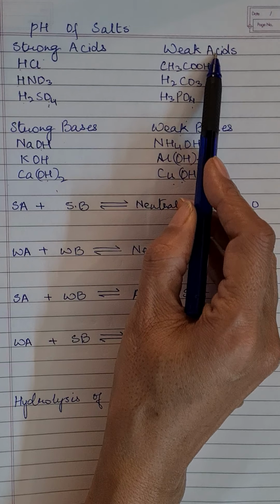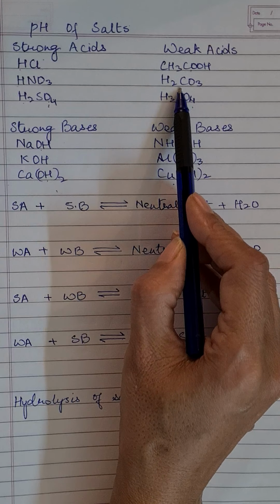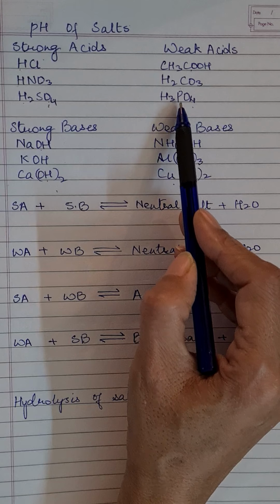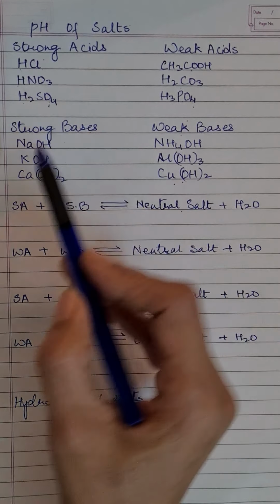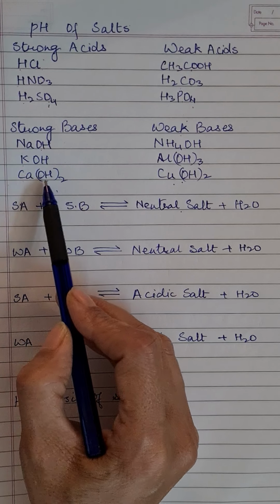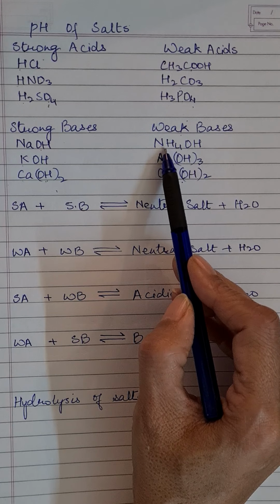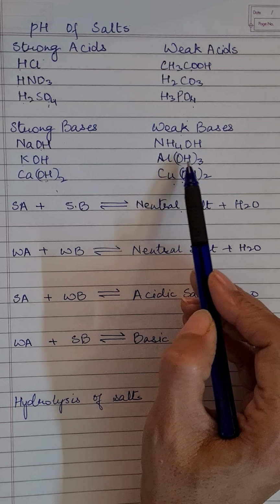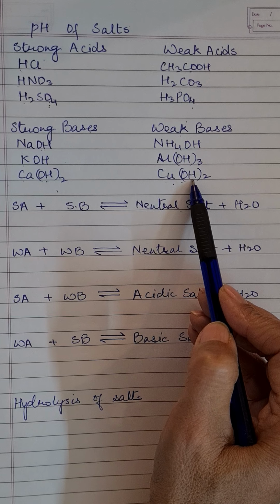A weak acid would be acetic acid, carbonic acid and phosphoric acid. The strong bases are sodium hydroxide, potassium hydroxide and calcium hydroxide. Weak bases would be ammonium hydroxide, aluminium hydroxide and copper hydroxide.